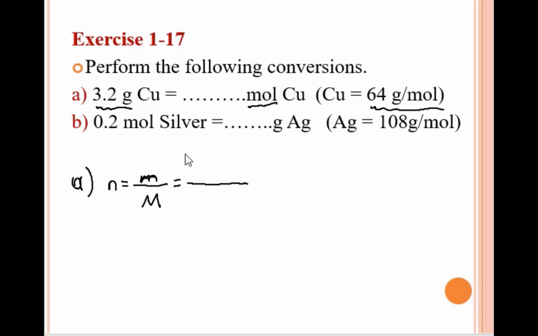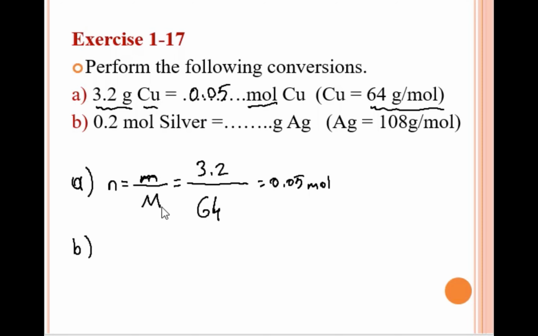Mass is given here, 3.2, and the molar mass is also given, 64 grams per mole. This is equal to 0.05 mole of copper we have.